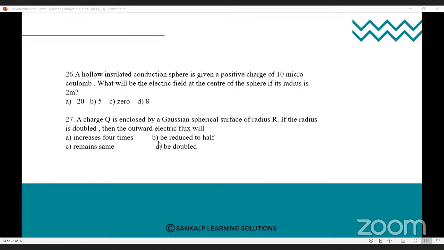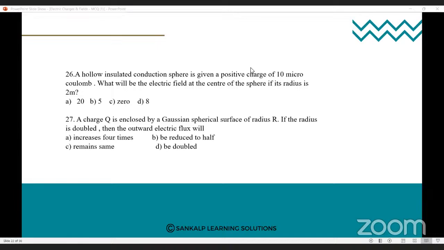Yes, C is the correct answer. Other students? Here the answer is C. See here, if the radius of the Gaussian surface is doubled, the outward electric flux will remain the same.